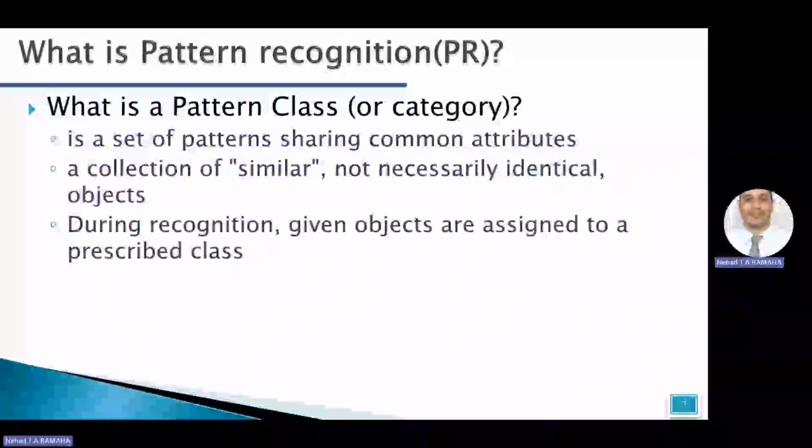Okay, so this recognition is done by classifying or categorizing the patterns into categories or sets by some common attributes or features.